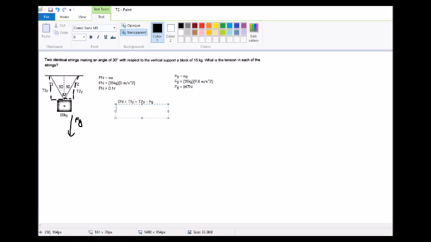So right off the bat we could add Fg, 147 newtons, to each side. So we get 147 newtons equals T1y plus T2y. Now the key word here is identical, so that shows that T1y and T2y are equal. So therefore we could simplify this to 147 newtons equals 2Ty.